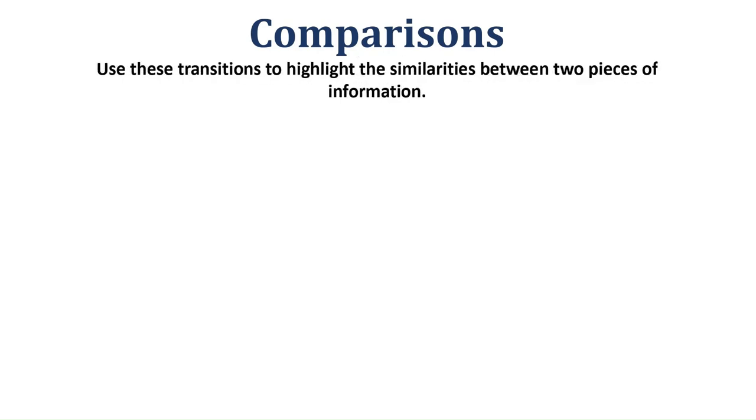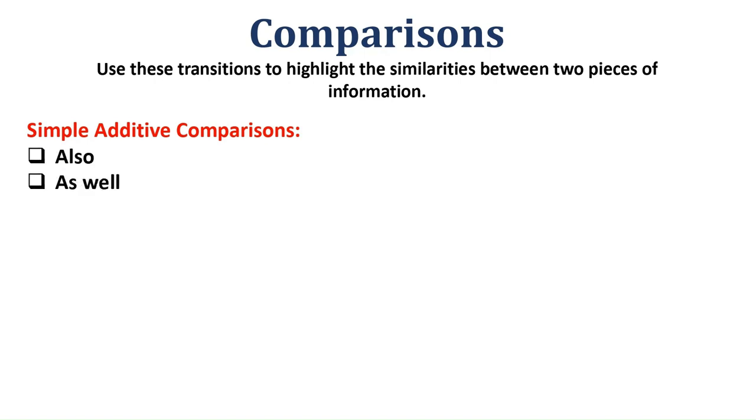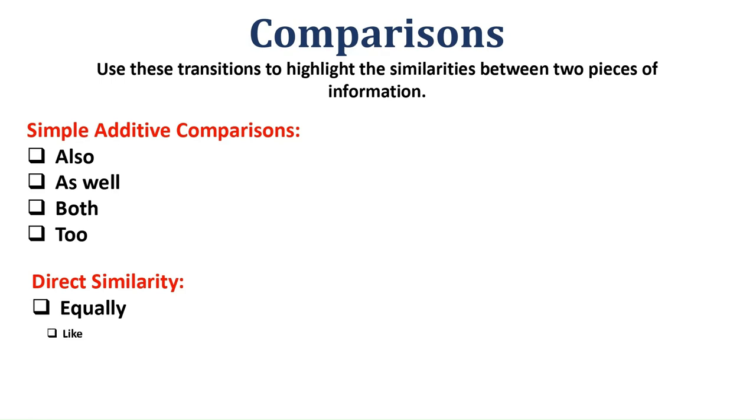Comparisons. Use these transitions to highlight the similarities between two pieces of information. Simple additive comparisons: also, as well, both, too. Direct similarity: equally, like, same as.